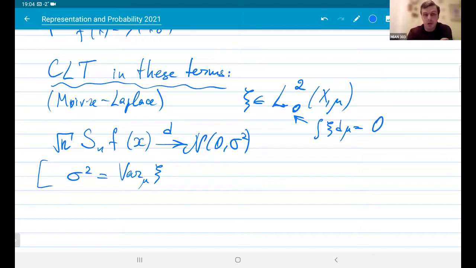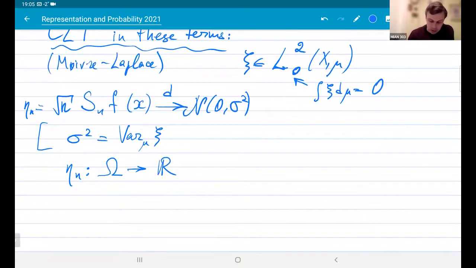By the way, what can be said about the left-hand side? What is the distribution here? Well, on the left-hand side you have some sequence of random variables. So let's write it as η_n. η_n is a function from Ω to R, or maybe to C, it doesn't matter.